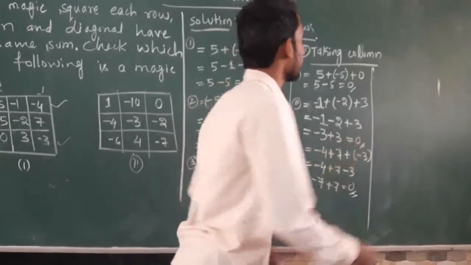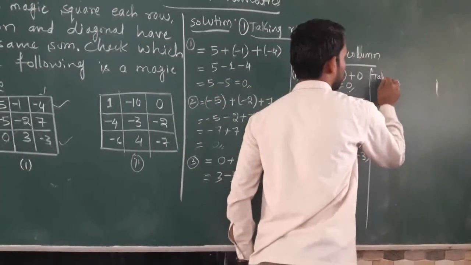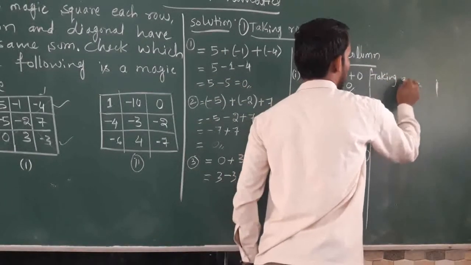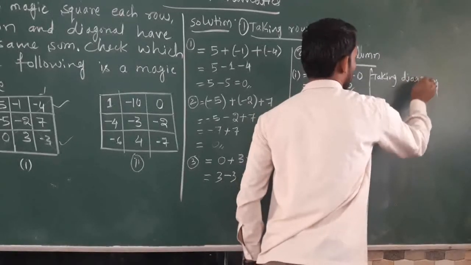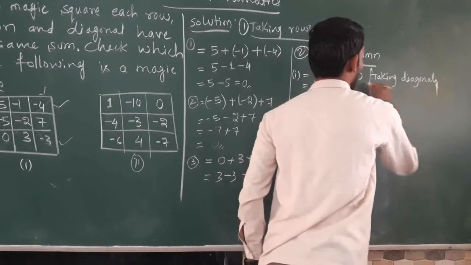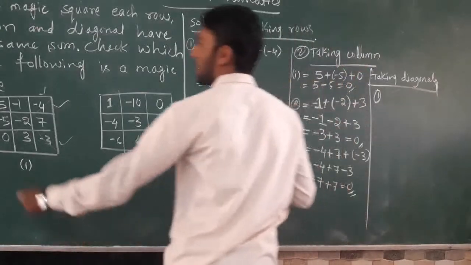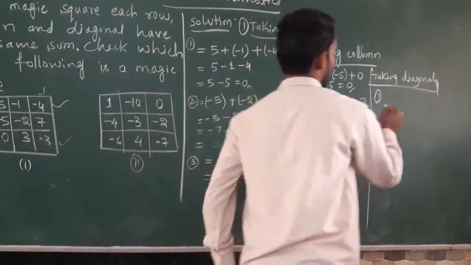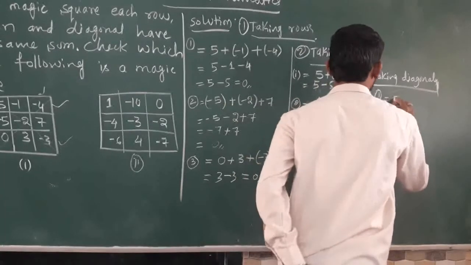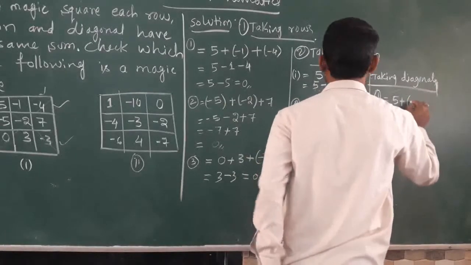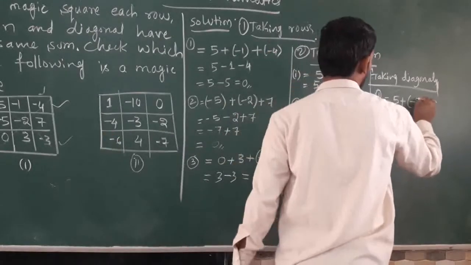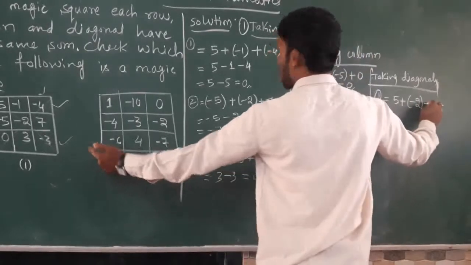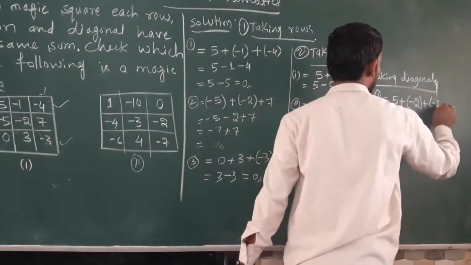Next I am taking diagonals. The first diagonal is 5, minus 2, minus 3. That is 5 plus minus 2 in the bracket plus minus 3.